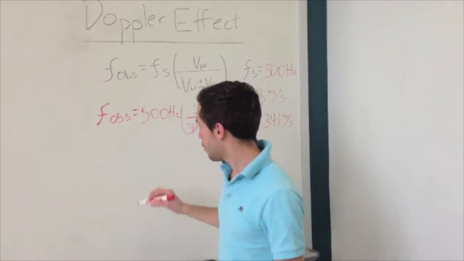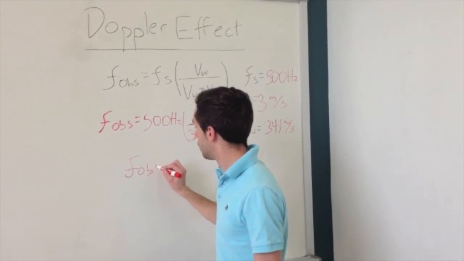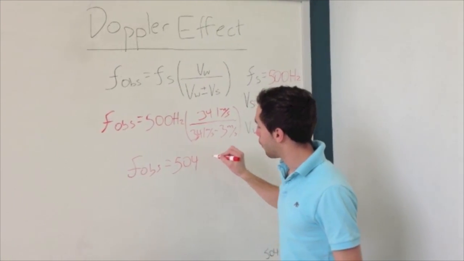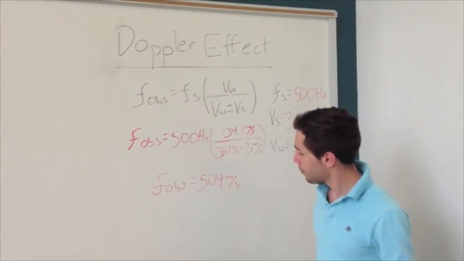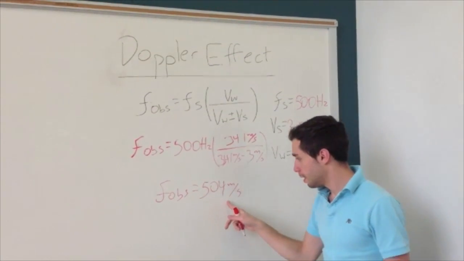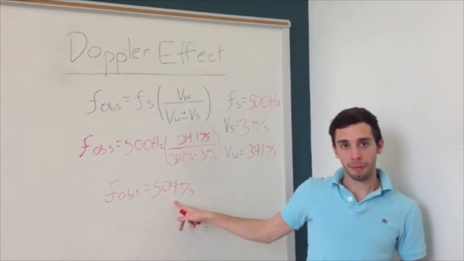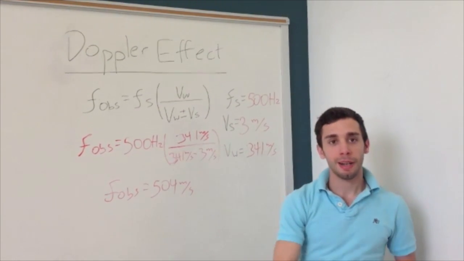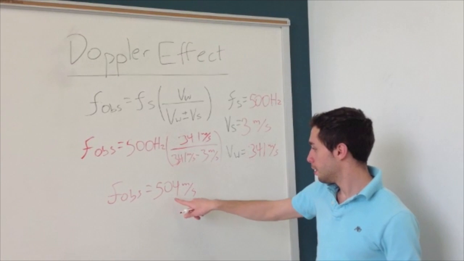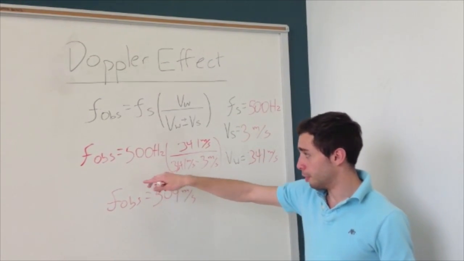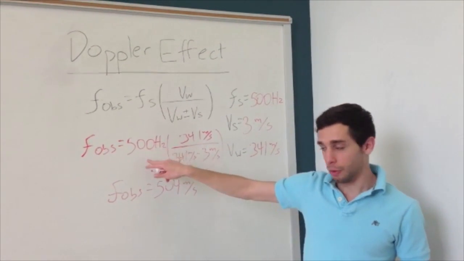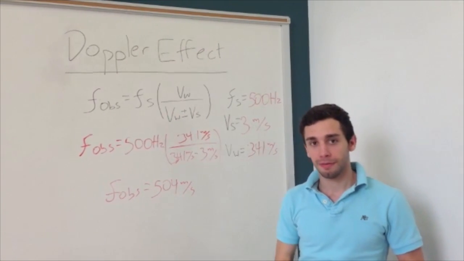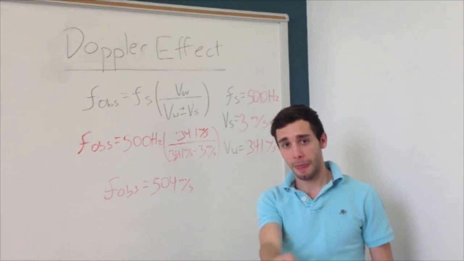And when you do all the math, it comes out to 504 hertz, which means that that's the frequency observed by whoever's standing there when the car passes by. The frequency changes from what the actual frequency is, 500, but we observe 504 when it's approaching, and that's the Doppler effect.